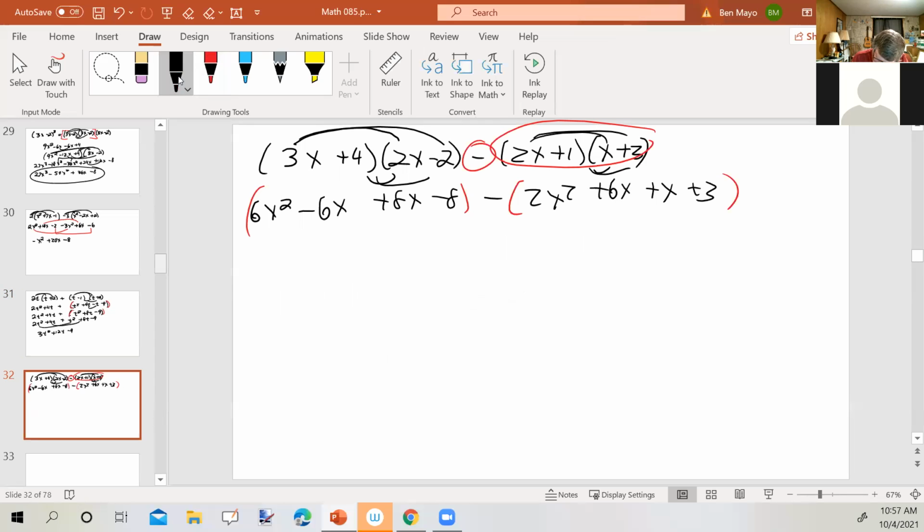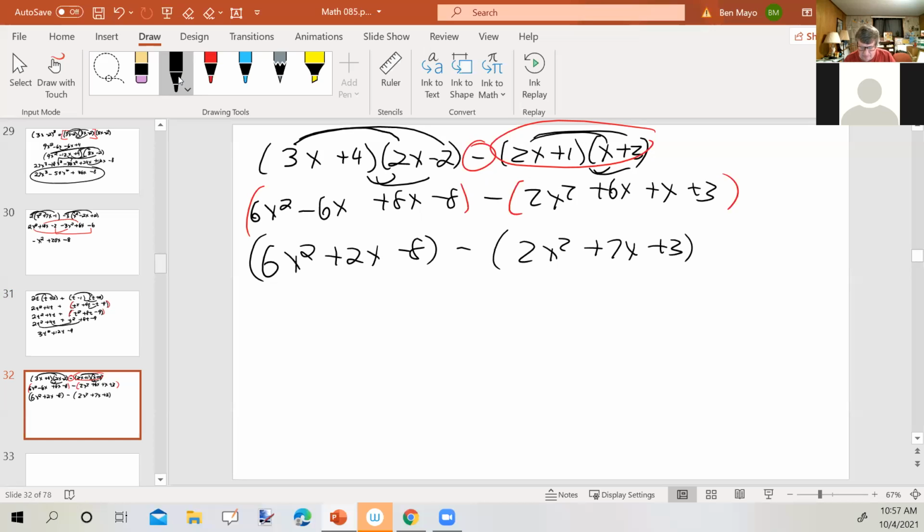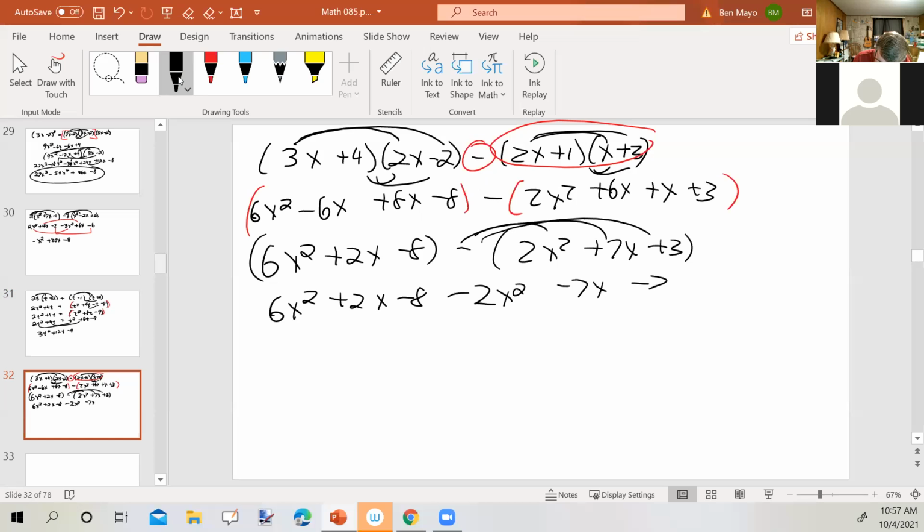Okay, that's why we need those grouping symbols. Now, combining like terms here, 6x squared plus 2x minus 8, and then minus 2x squared plus 7x plus 3. So now I've got 6x squared plus 2x minus 8, but I'm going to distribute: minus 2x squared minus 7x minus 3.